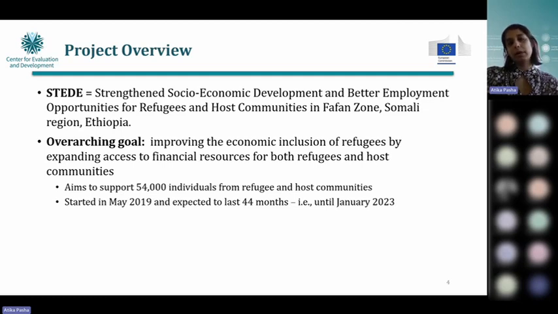And now this is not only targeted at refugees, but also the host communities where these refugees are currently based. The aim, of course, as with most programs, is not just to reach the 17 individuals we were talking about in our regression, but actually 54,000 individuals from refugee and host communities. It started in May 2019 and was expected to last 44 months. So I believe it has concluded in January of this year.